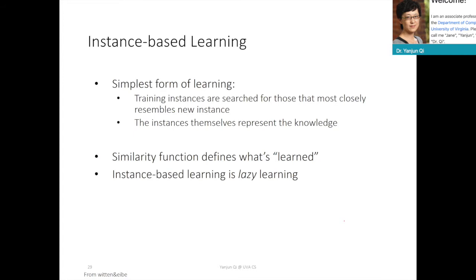The fundamental assumption is about the metrics: your distance metric defines what's truly learned, because that defines the neighborhood. Everything here is about the local neighborhood being your model, so what defines the local neighborhood is what you're learning.